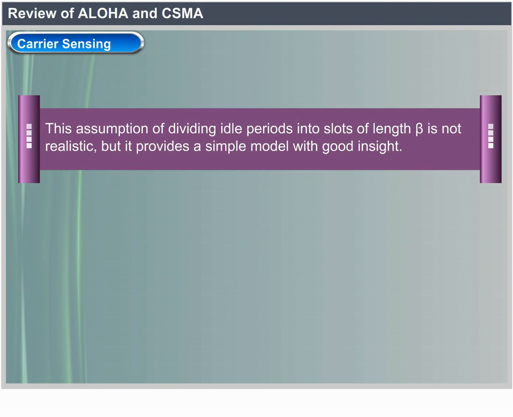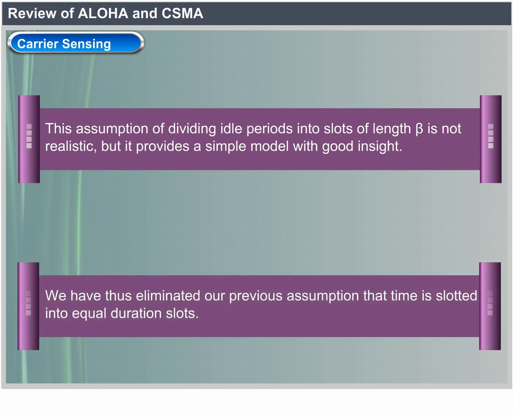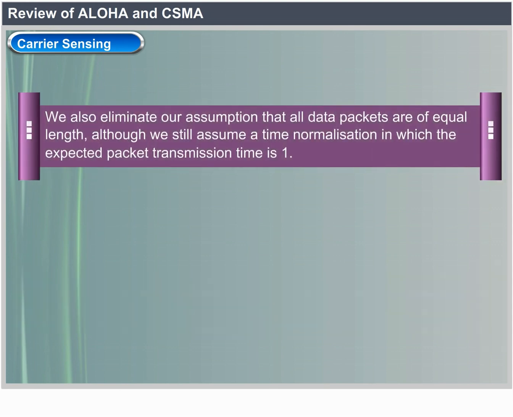This assumption of dividing idle time periods into slots of length beta is not realistic, but it provides a simple model with good insight. We have thus eliminated our previous assumption that time is slotted into equal duration slots. We also eliminate our assumption that all data packets are of equal length, although we still assume a time normalization in which the expected packet transmission time is 1.